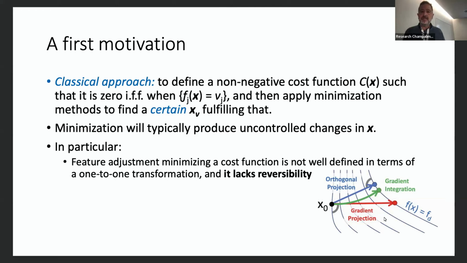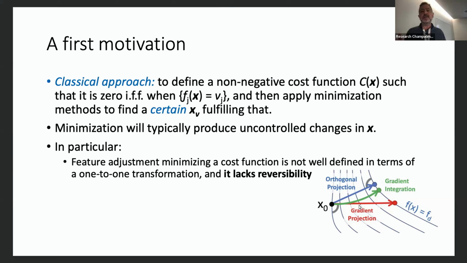Another classical method that was not chosen because it was more complicated was doing orthogonal projections. Somehow orthogonal projection and gradient projection are dual. So if you go in reverse, orthogonal projection is like going forward in gradient projection and vice versa.